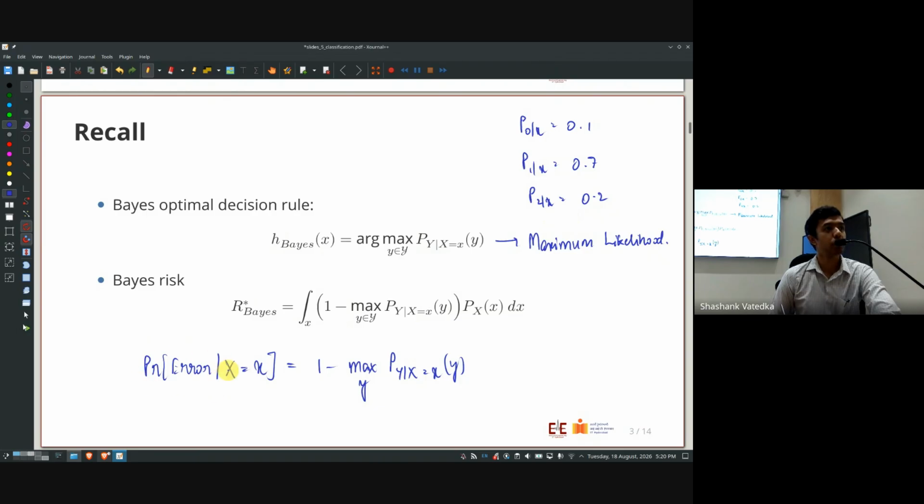The overall probability of error is the expectation of this particular quantity, which is again the integral over x of this times the probability of x dx. Did that answer your question? Sure. Any other questions?